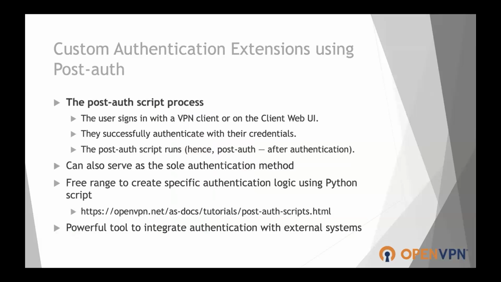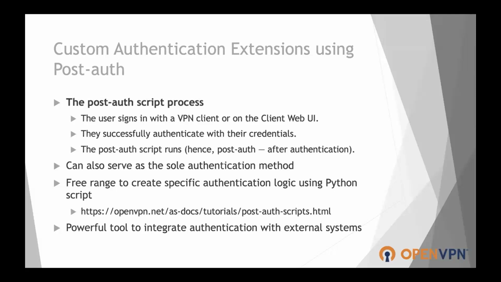Now, I talked about this script. We call it a post-auth script. The reason it's called post-auth is because it triggers when the user signs in with a VPN client, meaning just before the VPN connection, or when the user logs in to the Access Server portal.